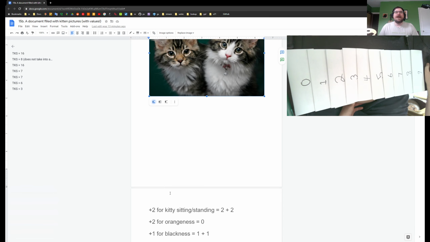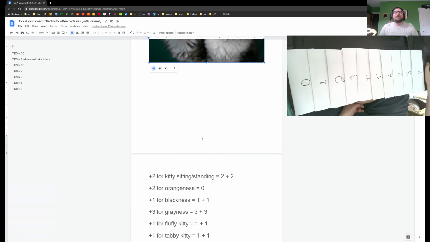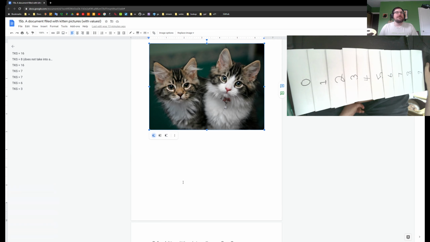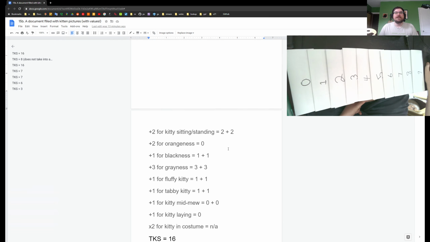So here we have plus 2 points for a kitty that is sitting or standing. Since both of them appear to be seated or standing, it's kind of hard to tell, they both get 2 points. So that's 4 points total for sitting and standing.